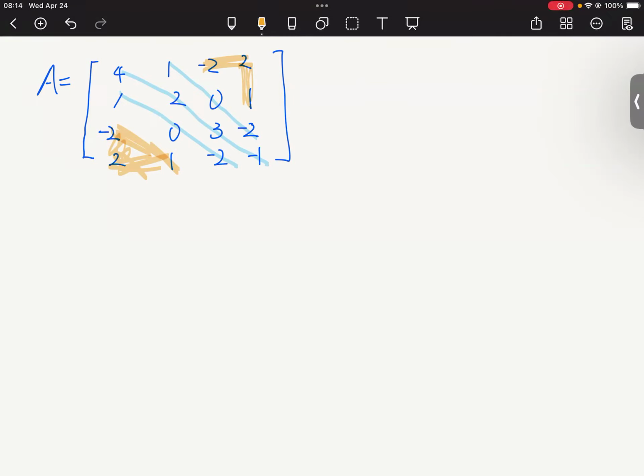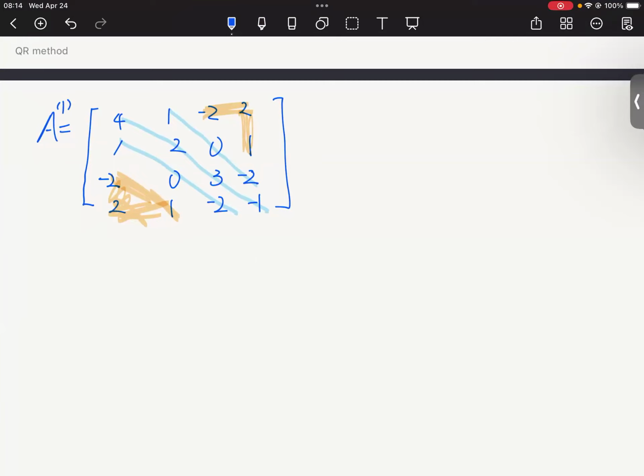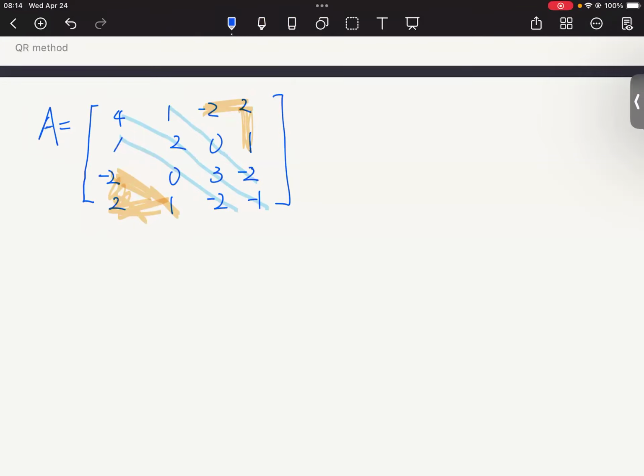So the Householder transformation is good, and we are going to use it to get the simplified version, the tridiagonal version. And so first, let's say this is A1. The original matrix is just A1. We give it a numeration. Maybe it's just A1 equals A.